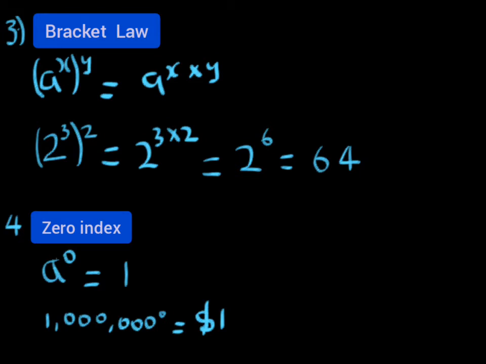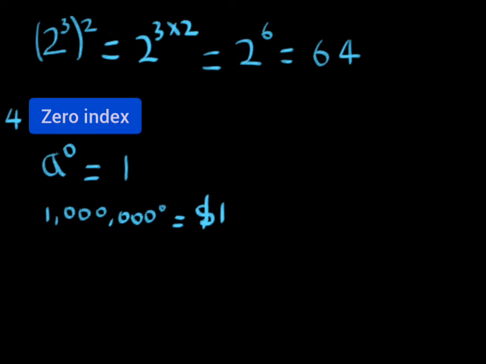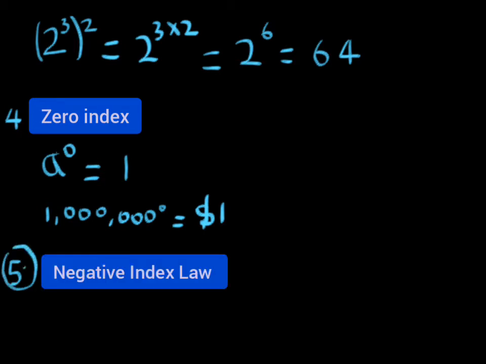Now, the next law would be the negative index law. This law helps us to understand how we can go about having negative powers. For example, we are given a raised to power negative x. How do we handle this whole piece?